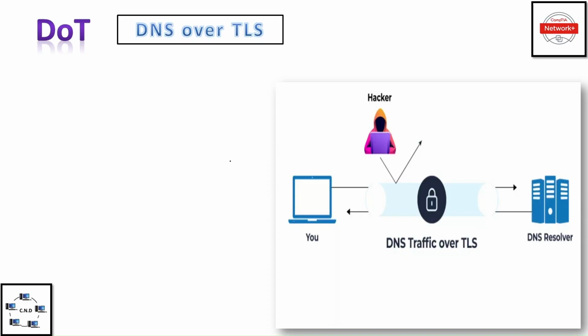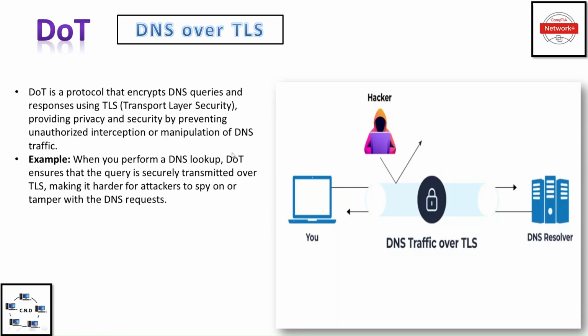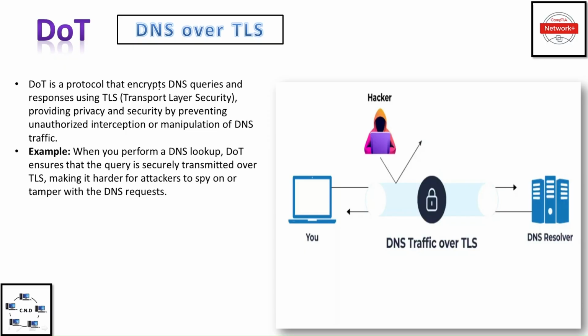DoT, that is DNS over TLS, is a DNS security measure. So DoT is a protocol that encrypts DNS queries and responses using TLS, that is Transport Layer Security, providing privacy and security by preventing unauthorized interception or manipulation of DNS traffic. When you perform a DNS lookup, DoT ensures that every query is securely transmitted over TLS, making it harder for attackers to spy on or tamper with your DNS requests.